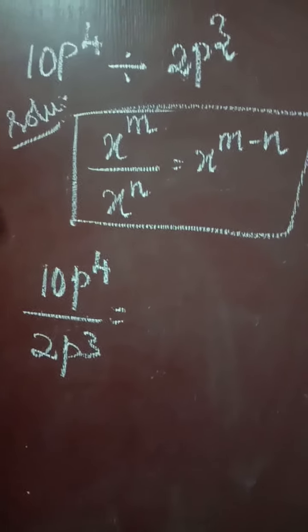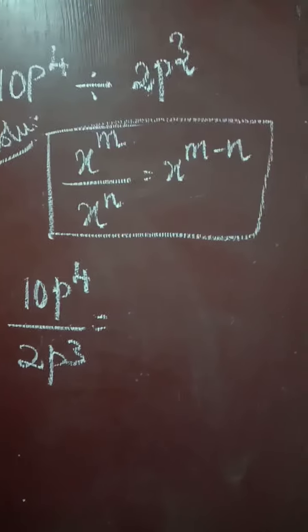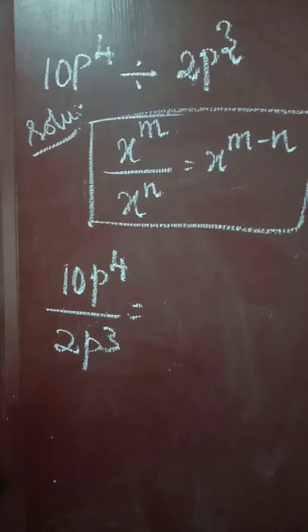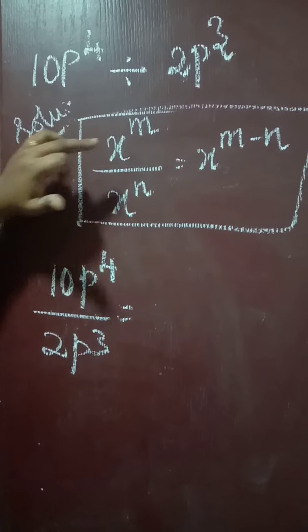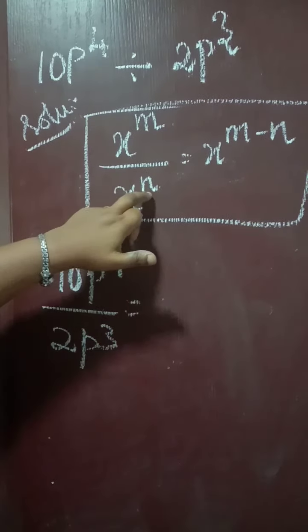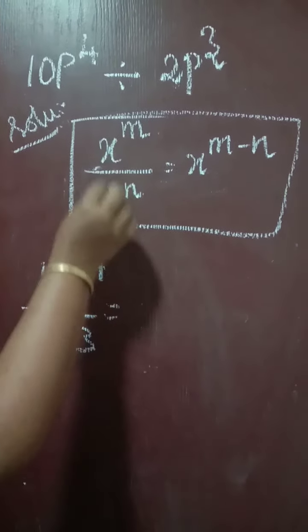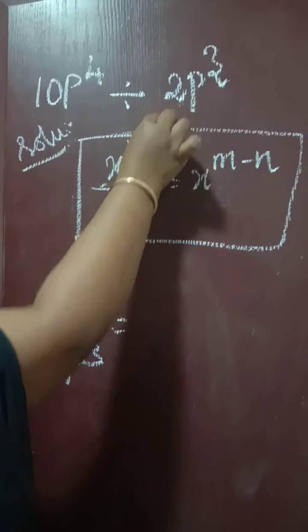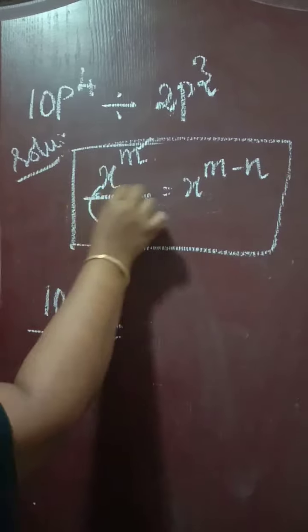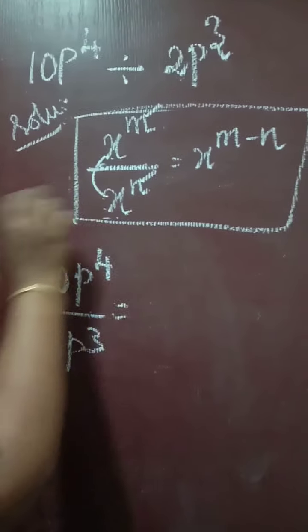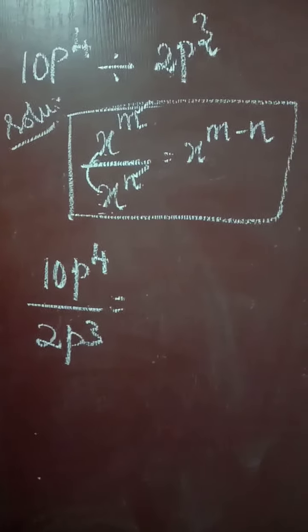In the next method, we are going to apply the law of exponent for division. In division, x power m divided by x power n. This is called the base, and this is called the power. If the bases are the same in division, we subtract the powers.